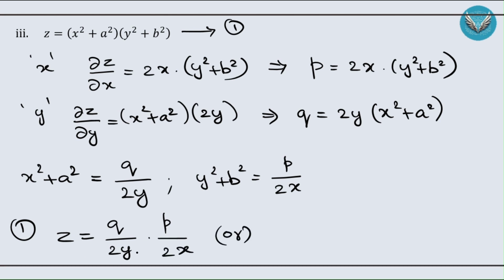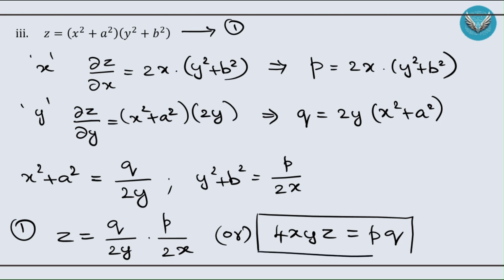So this is the required PDE, or otherwise if we want to simplify further, this gives you 4xyz is equal to p into q. So this is the required partial differential equation we have obtained by eliminating the constants a and b.